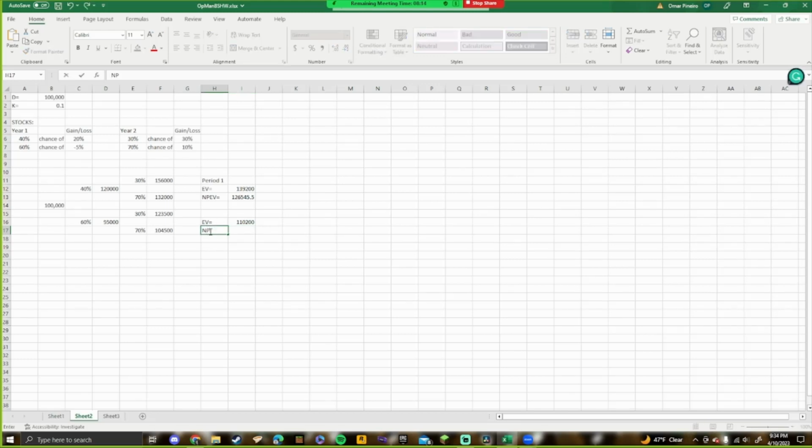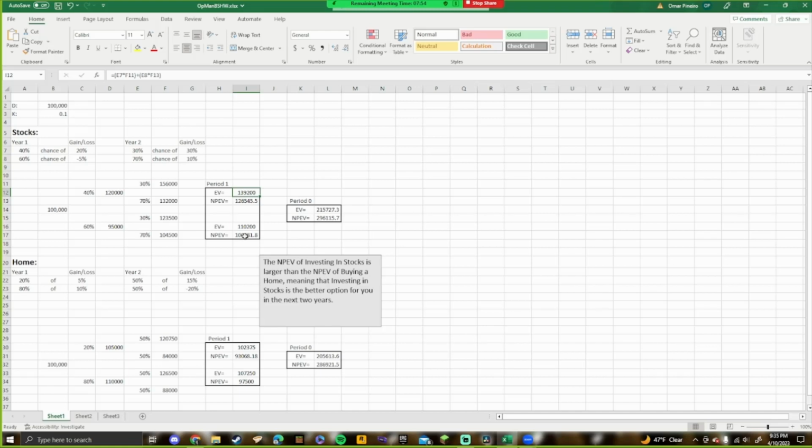Now we have our NPEV right here. And remember what we said before, the NPEV is the EV divided by, open your parentheses, 1 plus your K value. Now if we want to compare, there we go.